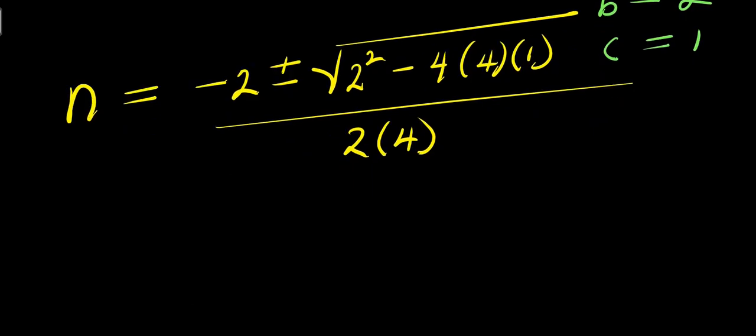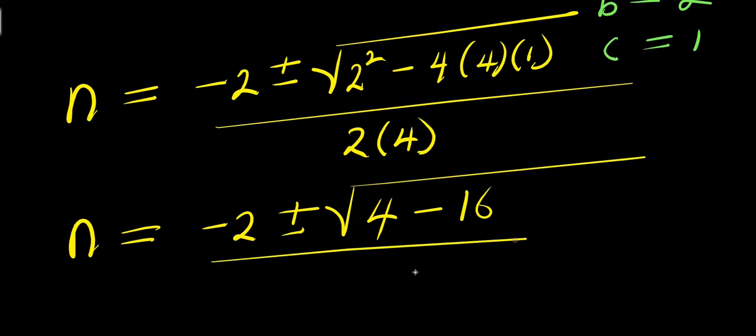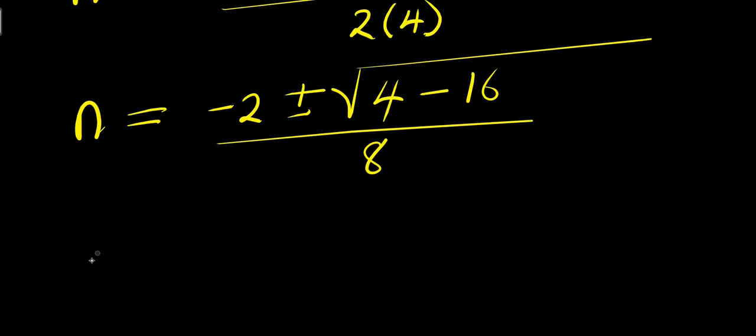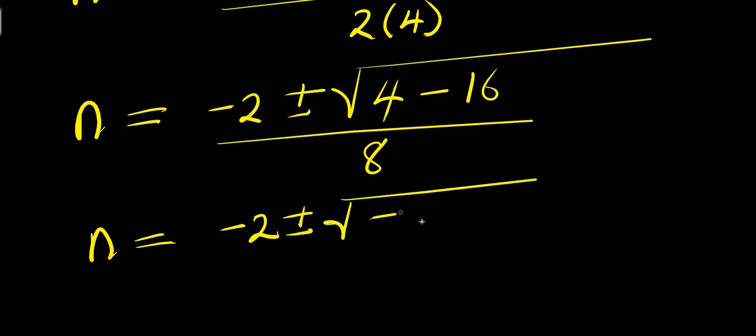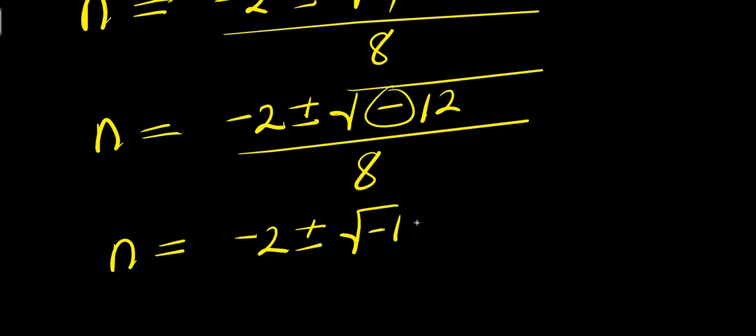So from here, we have n equals negative 2 plus or minus square root of 4 minus 16, divided by 8. So from here we have n equals negative 2 plus or minus square root of negative 12, divided by 8.